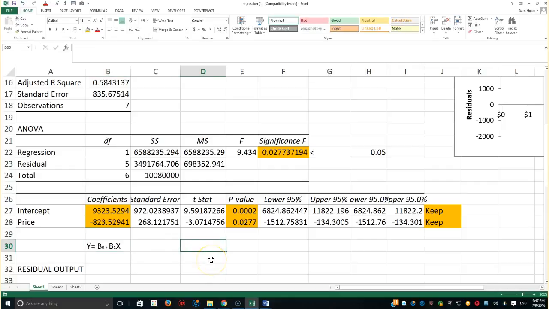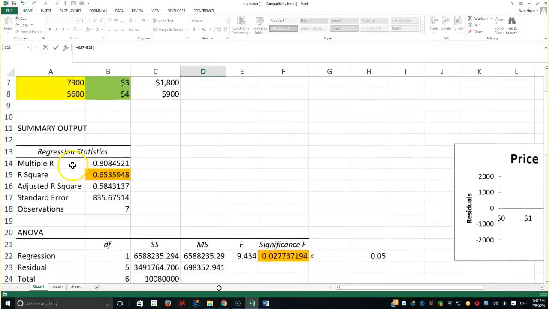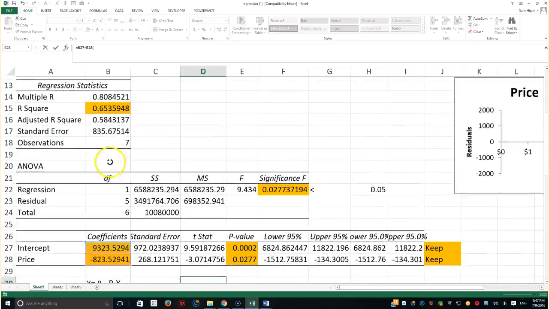Beta 0 is going to be this one here, plus beta 1 at any value. So let's assume that we have a price of, let's say, 4.5.